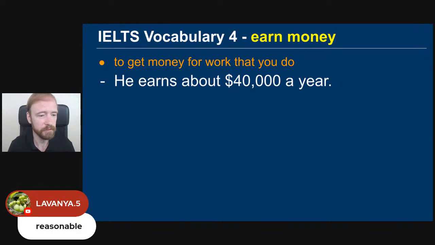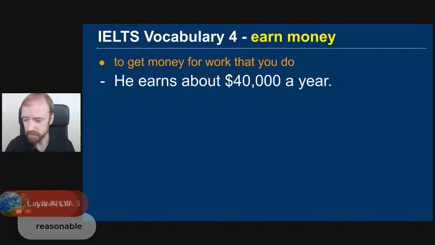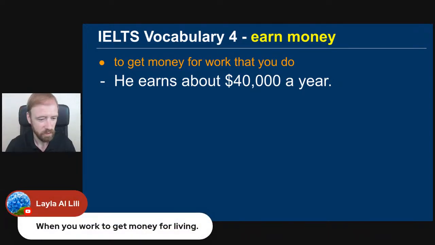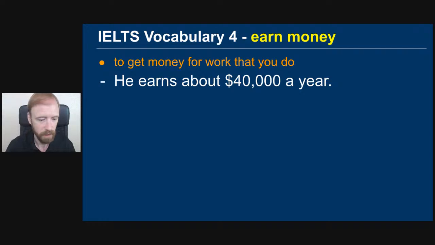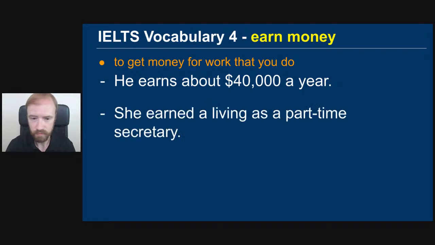Reasonable. That's a good word. Not for earn money, but for the previous vocabulary. I like that, Lavanya. Reasonable. When you work to get money for a living, we would say a living. Yes. Receive money. So there you go. There you go, Layla. You're one step ahead of me.